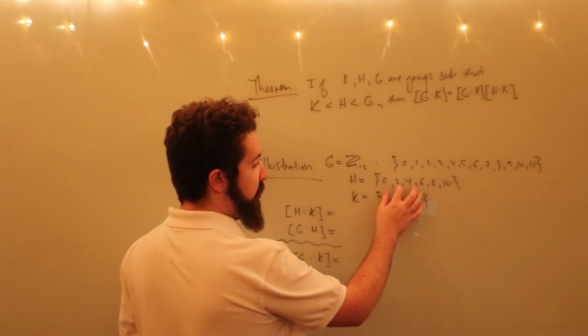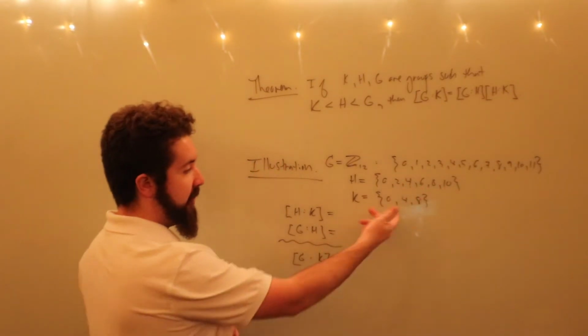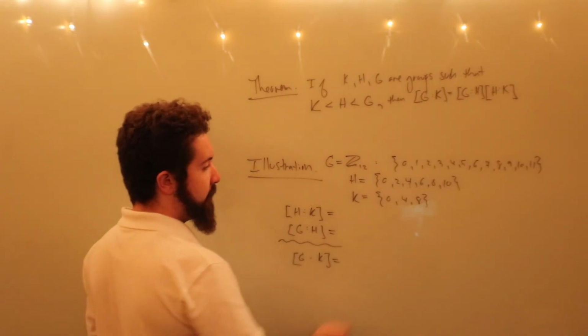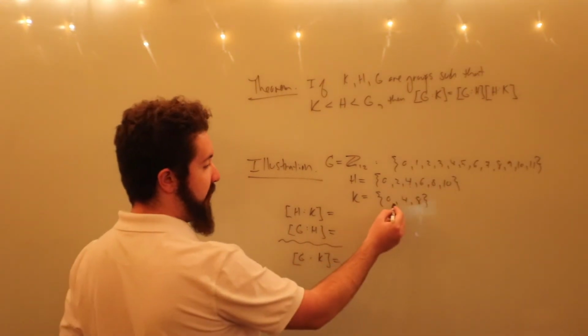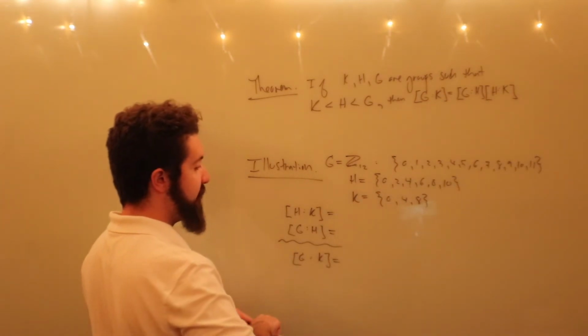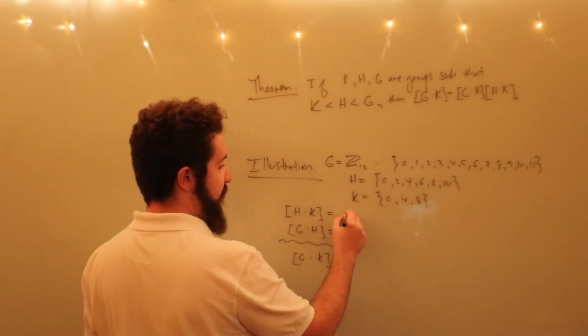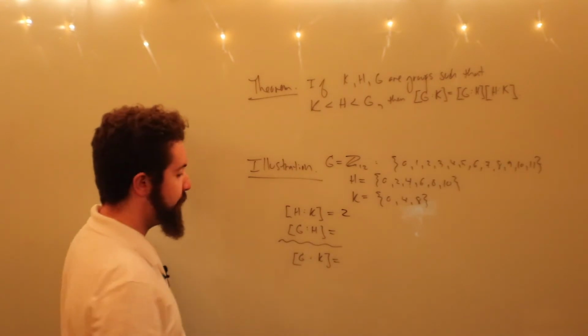Or if we add 2, 6, and 10, we'll get some permutation of 2, 6, and 10, so there are only 2 cosets of K in H. So the index of K in H is going to be equal to 2.